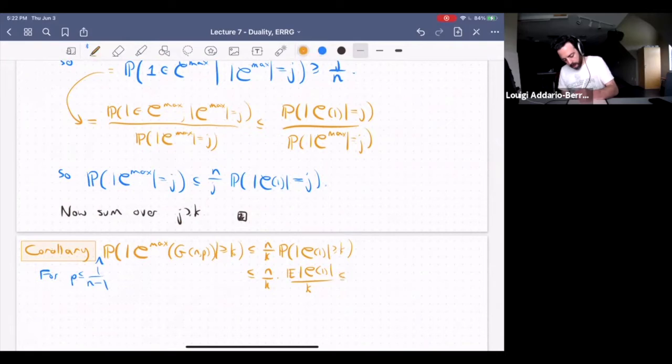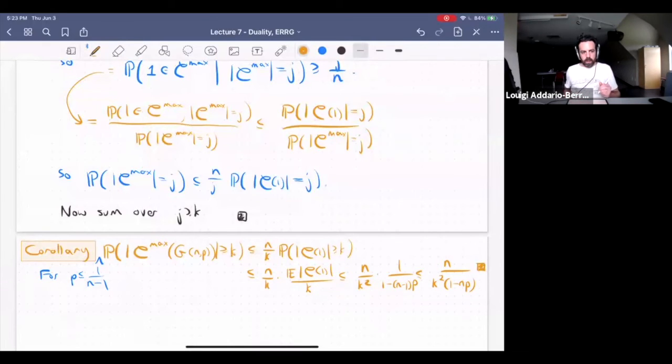And that gave me n over k squared times 1 over 1 minus n minus 1 p. Okay, and maybe I'll just clean that up and say that's at most n over k squared times 1 minus np.